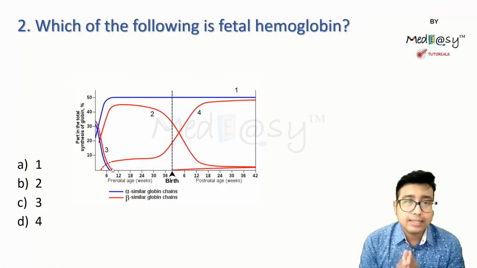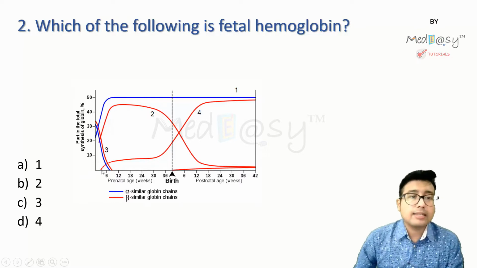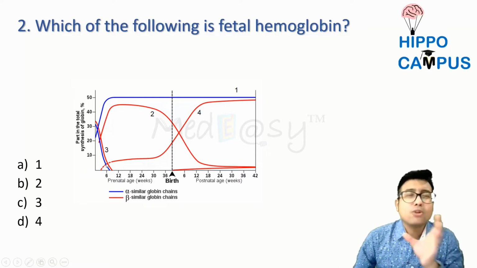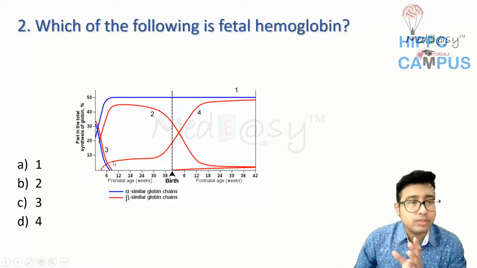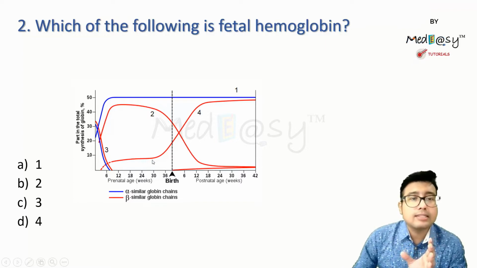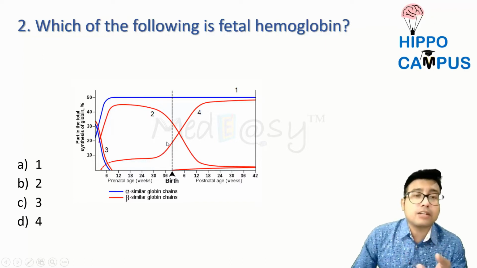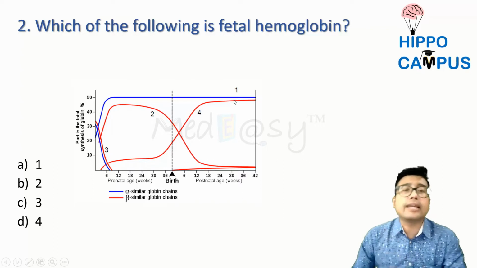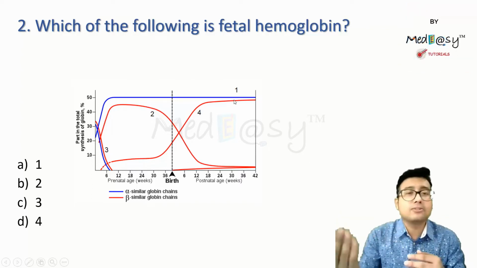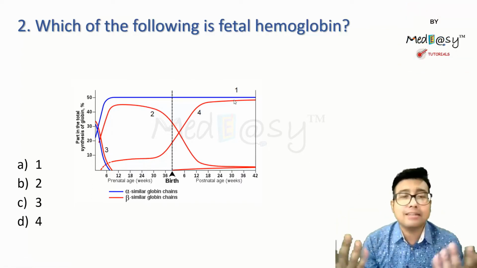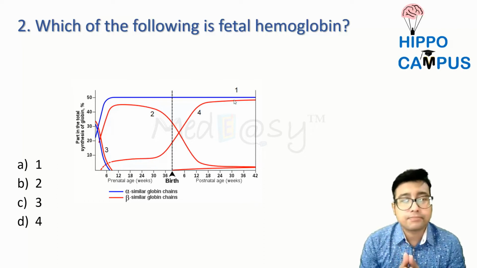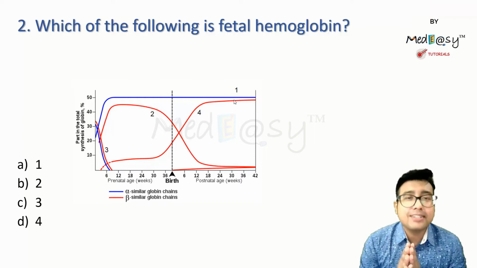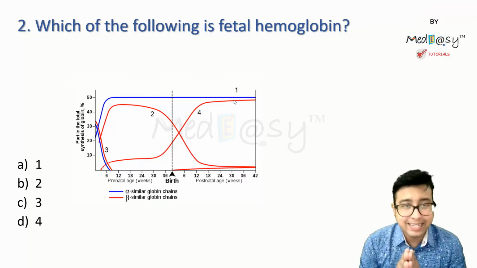And fourthly, the one that starts developing slowly around 6 weeks, slowly rises, rises further after birth, and continues to rise and reach a high level around 18 weeks after birth. So as per your logic, what does it say?